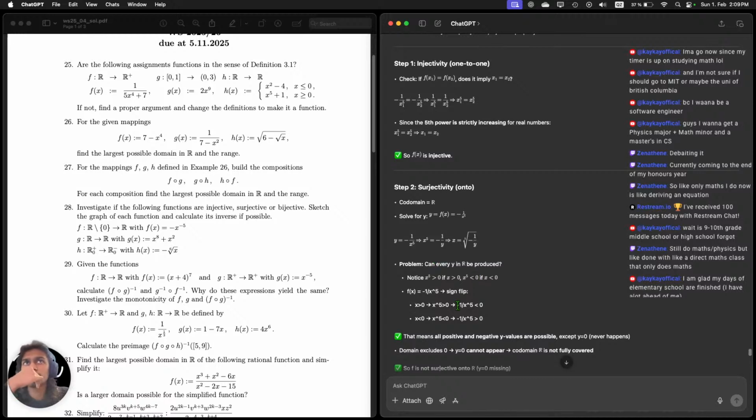Problem can every y. Notice x raised to 5 is greater than 0. If x is greater than 0, x raised to 5 greater than 0.